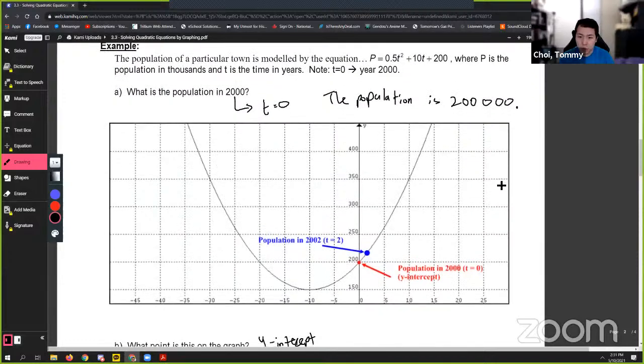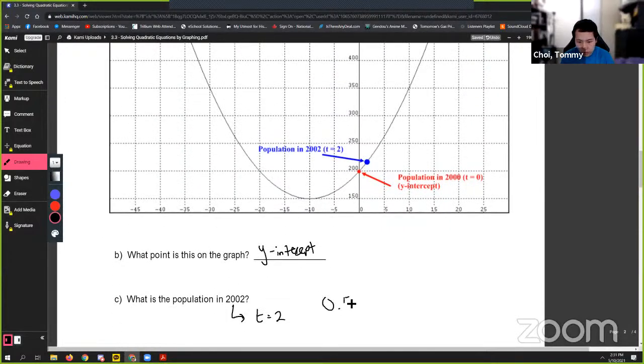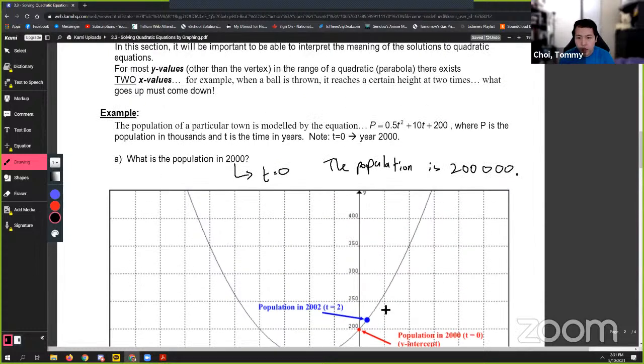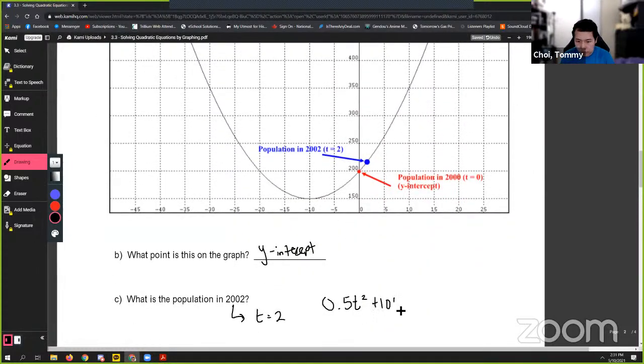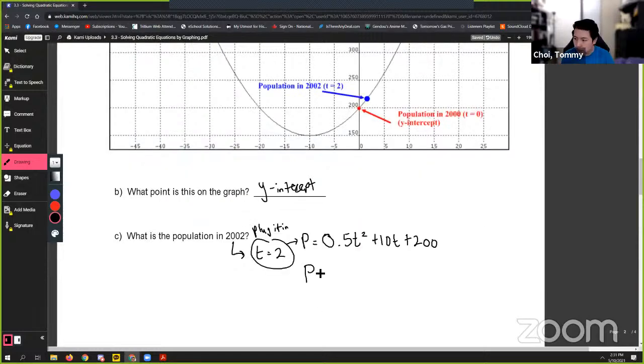So the equation is 0.5t squared plus 10t plus 200. And we're just going to plug this in, right? Plug it in. So solving this here, we get P is equal to 0.5 times 2 squared plus 10 times 2 plus 200, right?